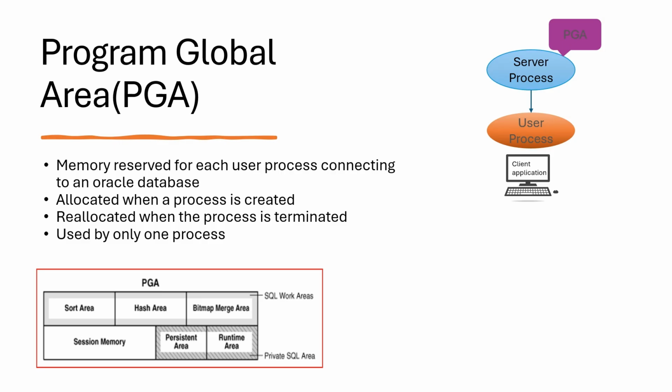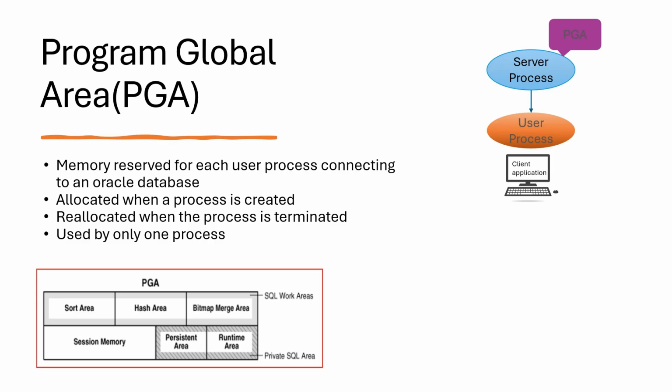And if you are running SQL or PL/SQL executions, that execution data will also be stored here, information needed for processing queries and code. Also, this private SQL area holds the details of the SQL statement being executed.